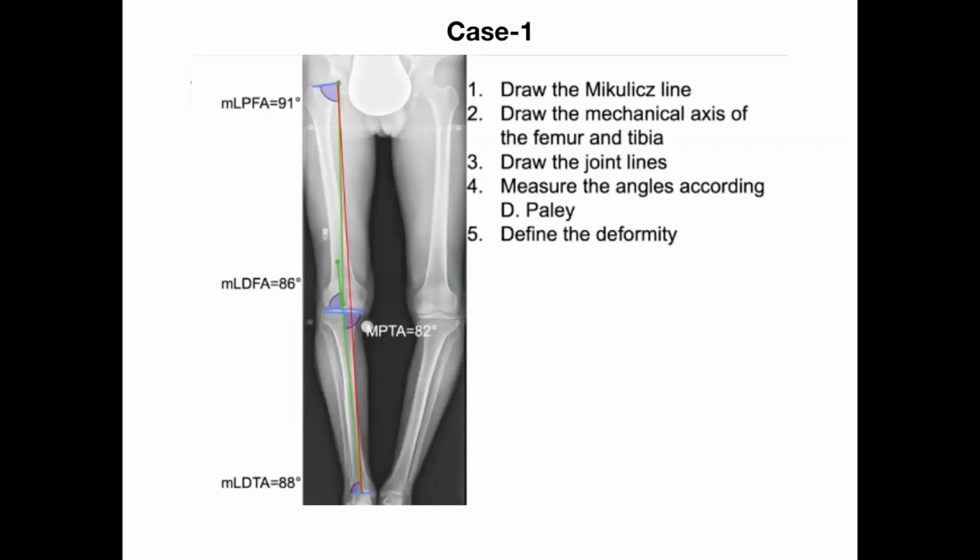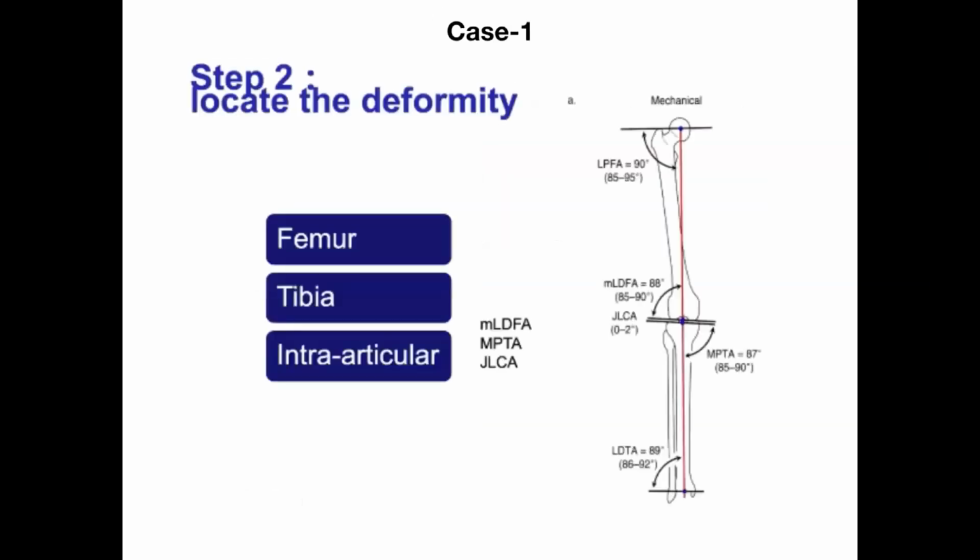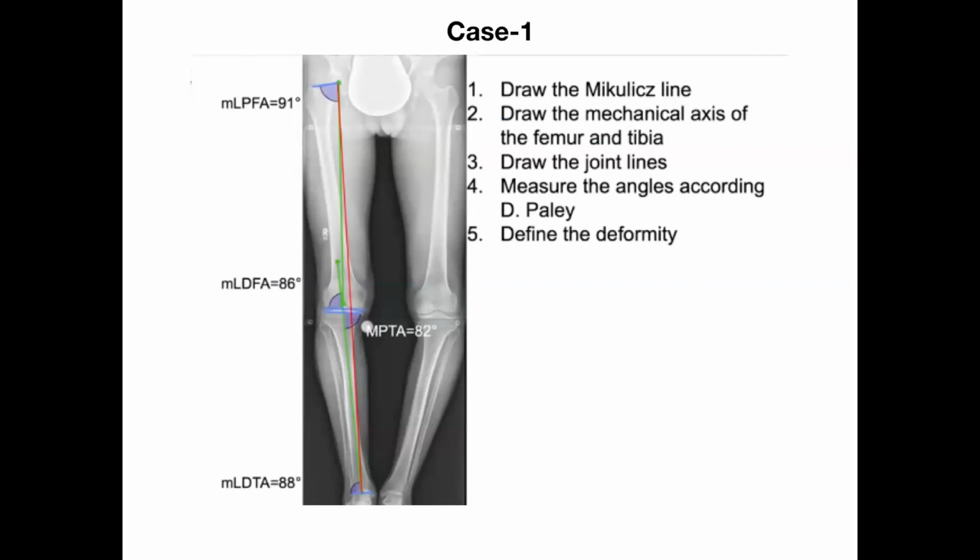Both the MPTA is less and the LDFA is also on the lower side, so it probably needs double correction. It is more in the proximal tibia, so in this case we can correct the proximal tibia, since the value is 82 degrees.